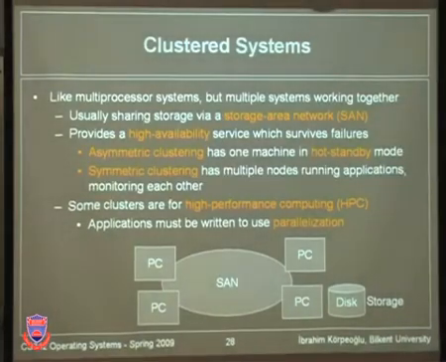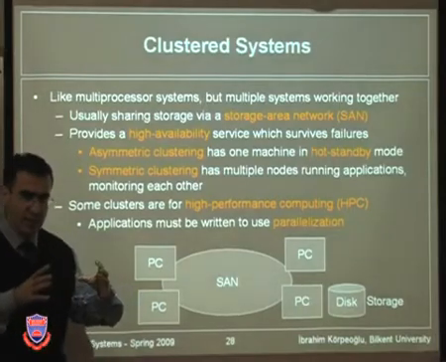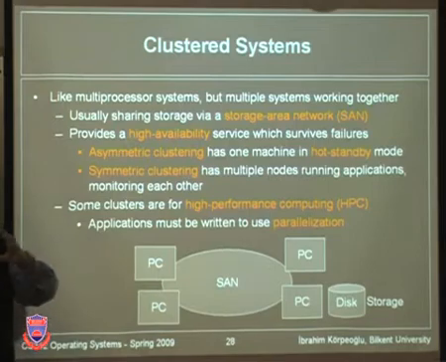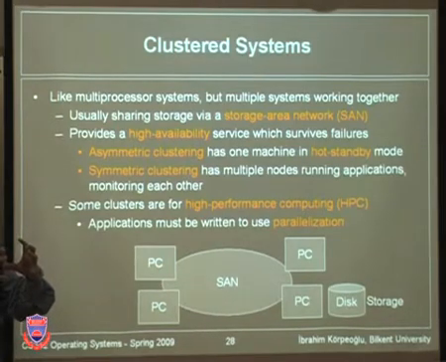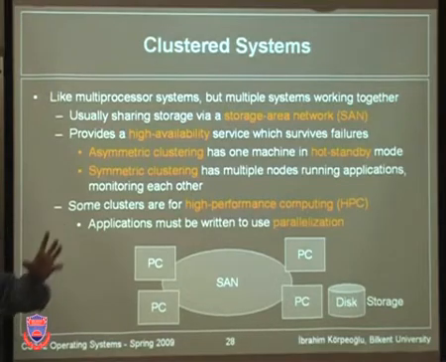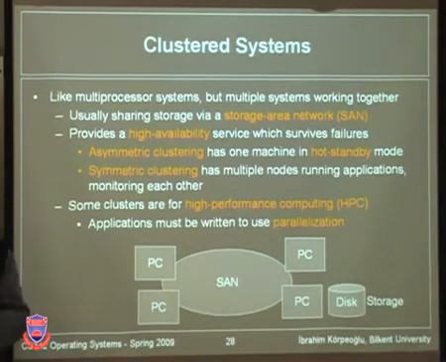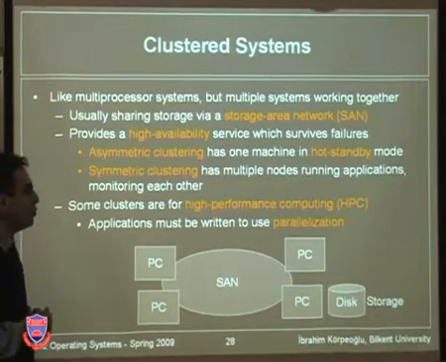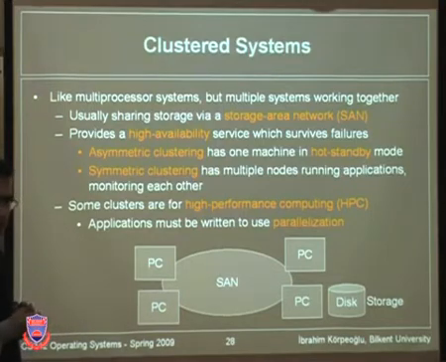All right, so multiprocessor systems are common, in which you have a single system having many CPUs. But you can also have multiple single CPU systems, which will be a more expensive solution, of course. You have multiple systems connected together, implementing a clustered system. A clustered system is like a multiprocessor system, but multiple computers are working together to solve a problem, or to satisfy the computing needs of a facility.